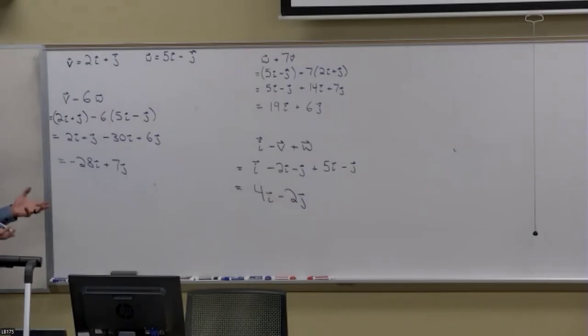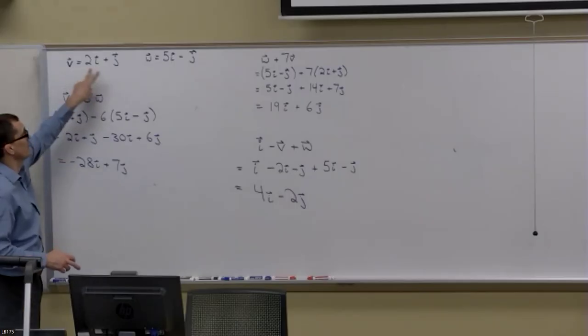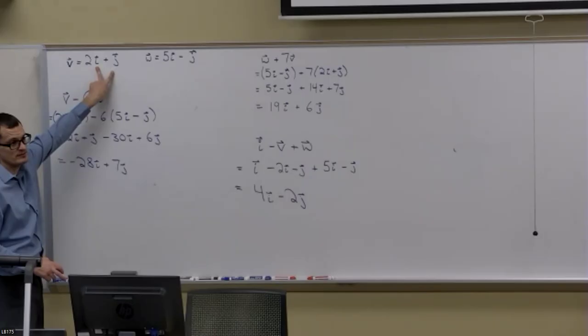So we have lots of different concepts of linear combinations coming through here. We have the fact that every vector can be written as a linear combination of I's and J's.